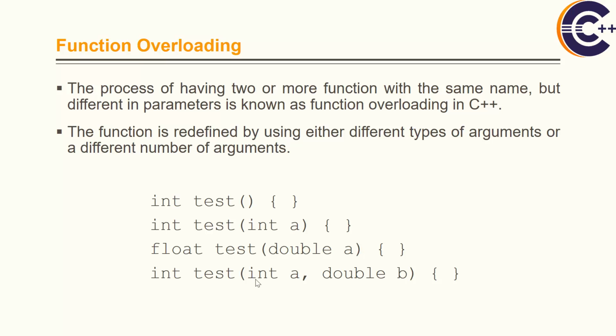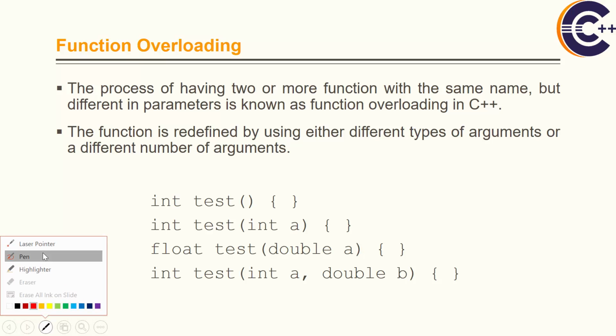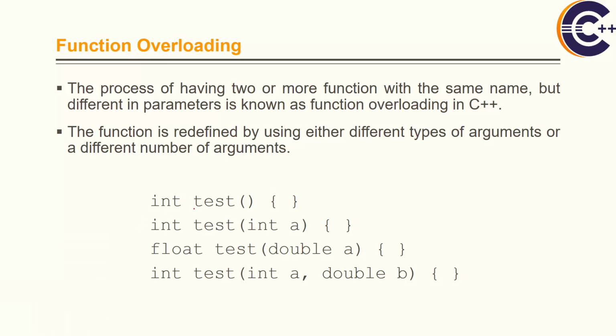For example, here one function name is test. In the first method the function name is test with no argument. The second method has the same name, test, but it has a single argument of type integer. The third method is also test, but the argument passed is a single argument of data type double, so it differs from the second method.